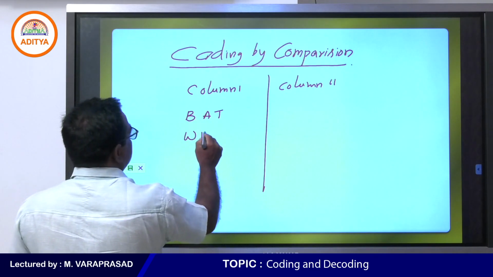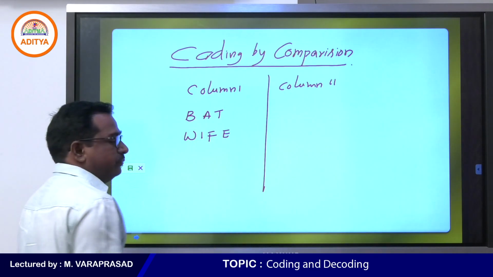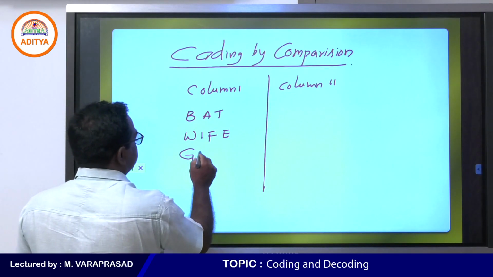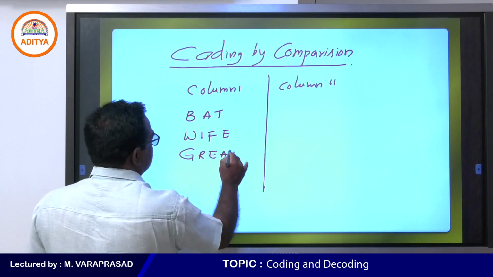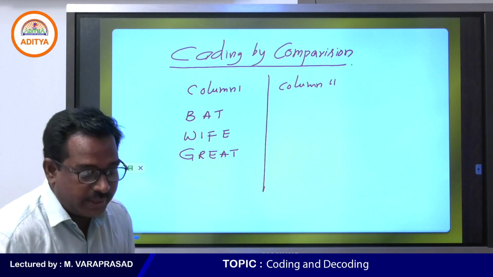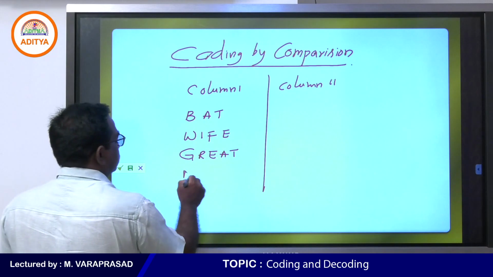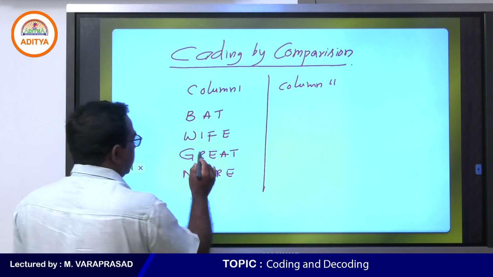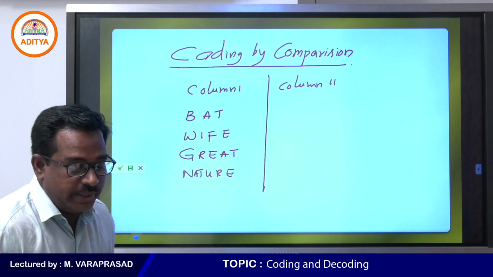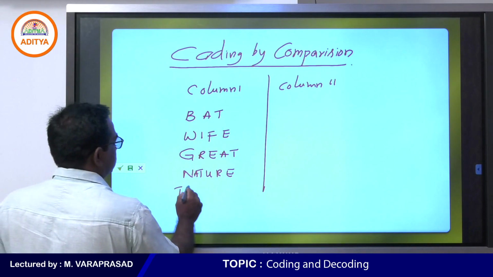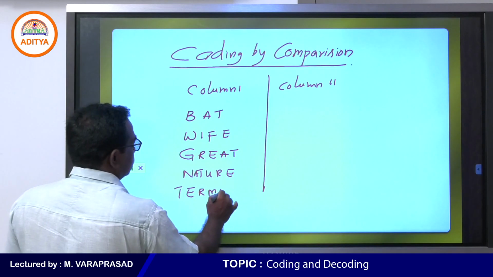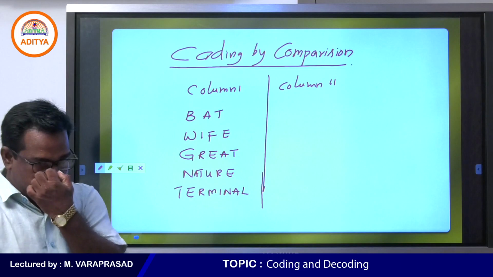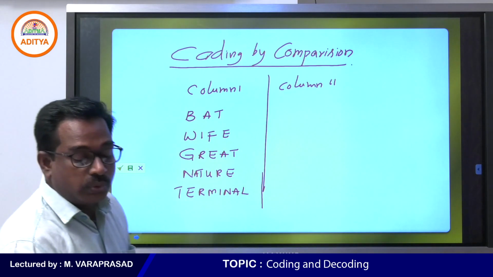wife, some words are given, bat, wife, great, nature, and the last one is terminal. These are the words given in column 1, and column 2 the codes will be given.